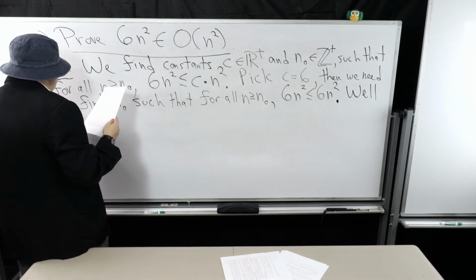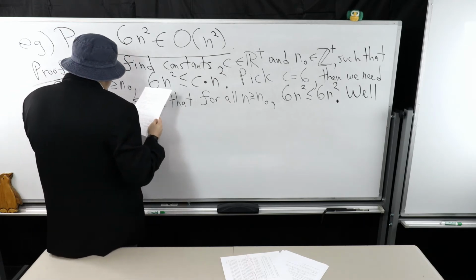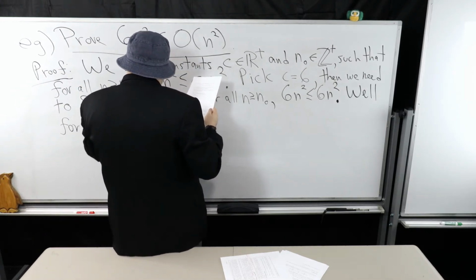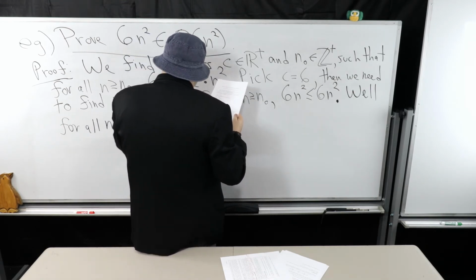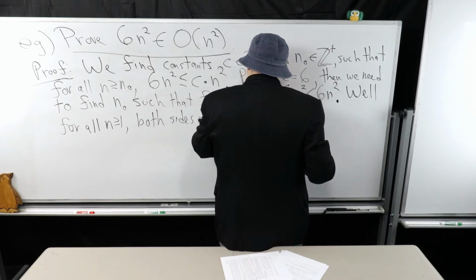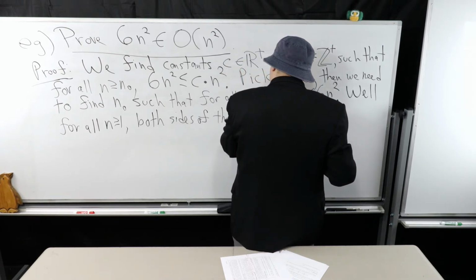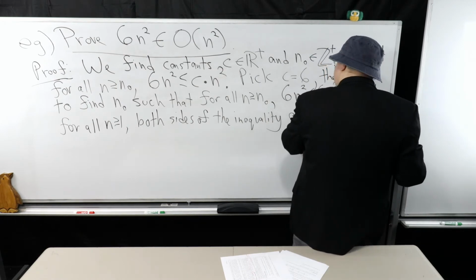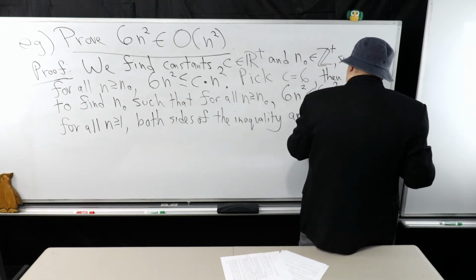Well, for all n greater or equal to 1, both sides of the inequality are equal. They're in fact equal.